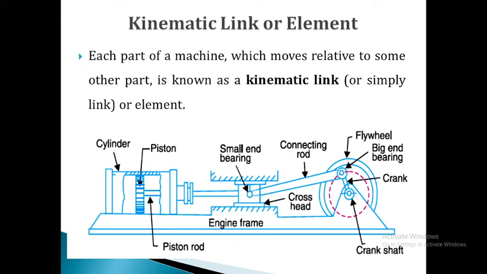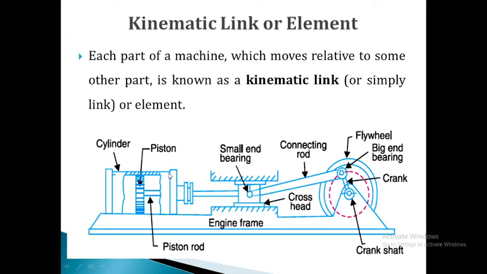The crank is connected with the crankshaft, and the crankshaft rotates about the bearings. The other part connected to the crankshaft is the crank, and the crank is further connected with the connecting rod. So the crank is a link, and another link is the connecting rod. The connecting rod is connected to the cross head, and the cross head is connected with the piston rod, and the piston rod is connected to the piston.